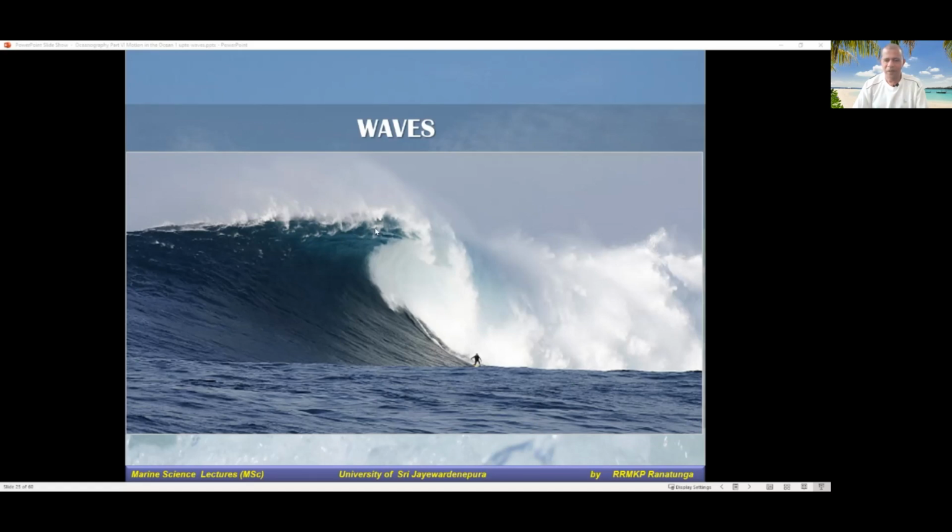You can't imagine how these big waves can affect a person who is surfing as a sport or adventure, right. Of course, you need a lot of training to surf in this kind of situation, but this kind of huge wave can be seen, right. Again, we have a small video, we see that one and then we'll come back.